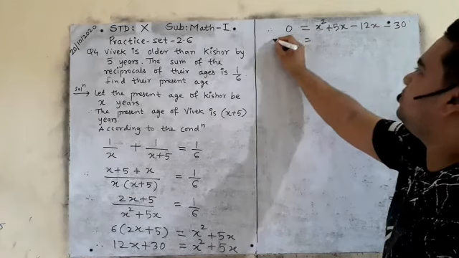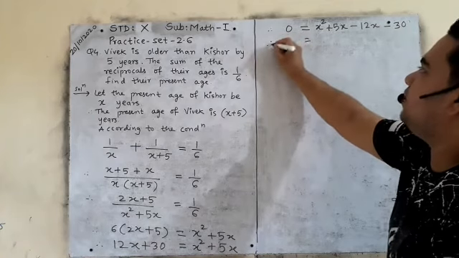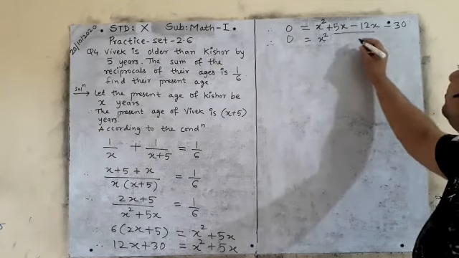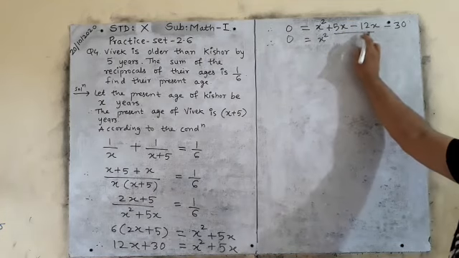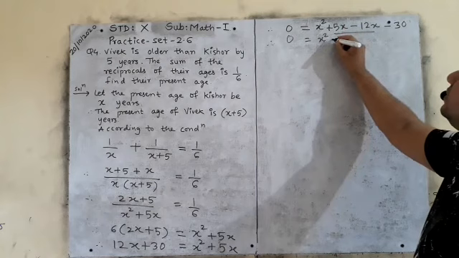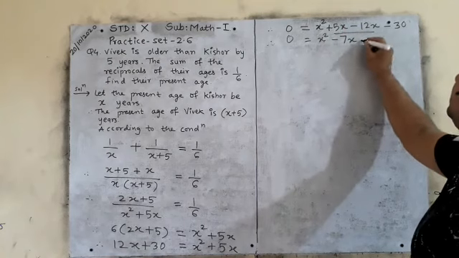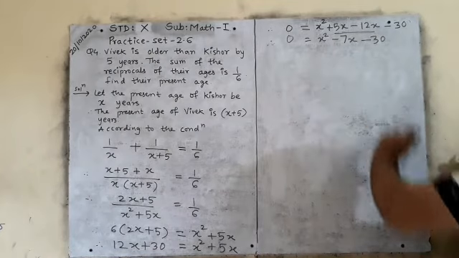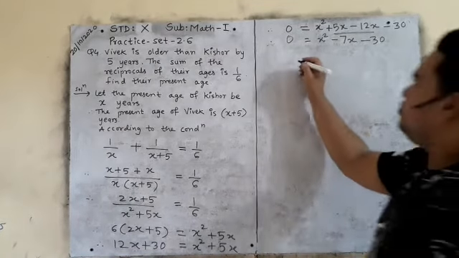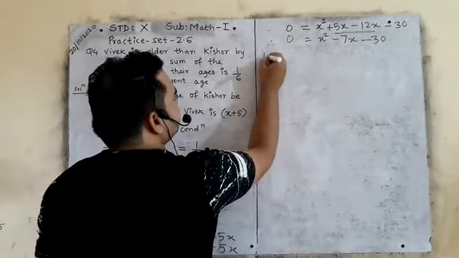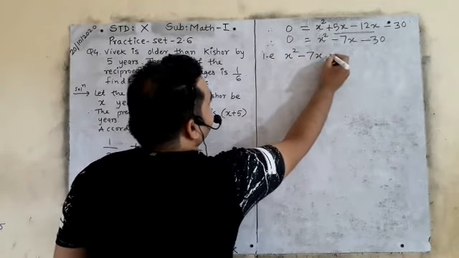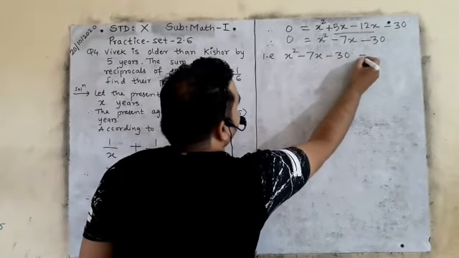Then you have to solve this. 5x and 12x are like terms: minus 12 plus 5 is minus 7x, minus 30. Is it clear? Now write it properly: x square minus 7x minus 30 is equal to 0.